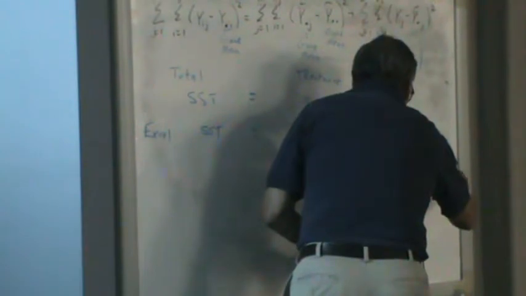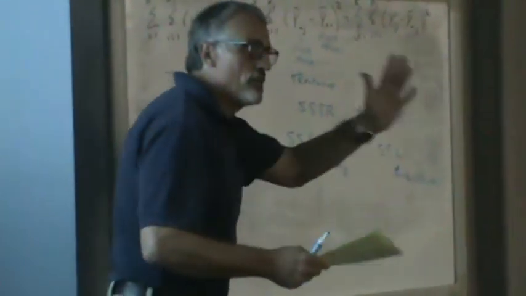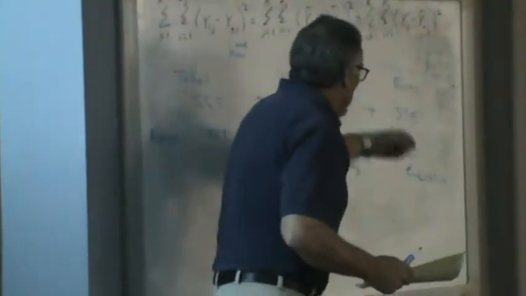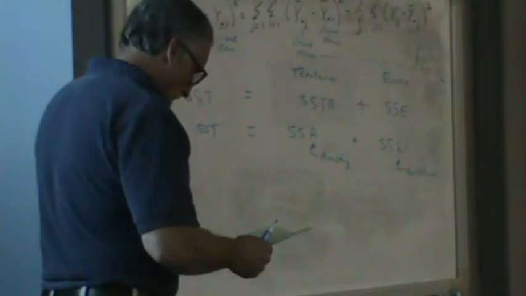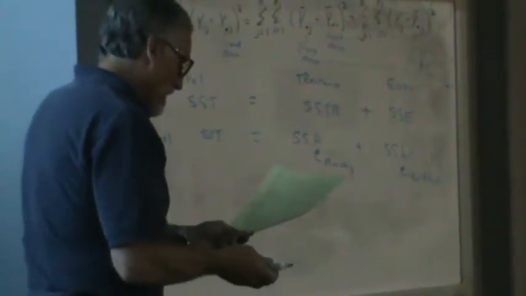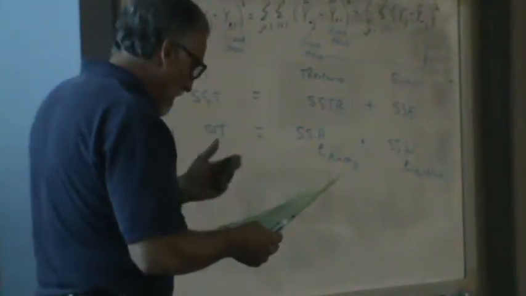You'll see other books make those words right: the treatment is among the treatments, the error is within a given treatment, those are the words. So yeah, Excel calls it that.